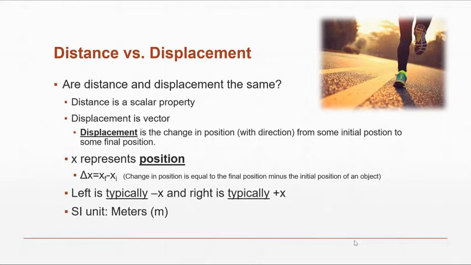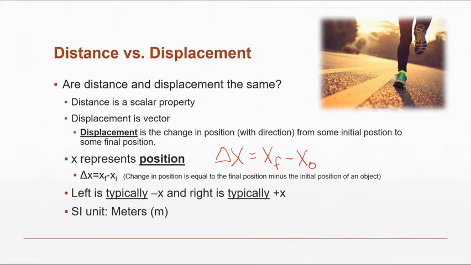All of those are different representations that you're going to end up seeing. So what that's going to look like if you have X naught, it would be change in X equals X final minus X naught. Okay, or X at your 0 position.